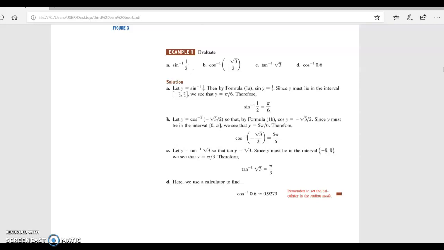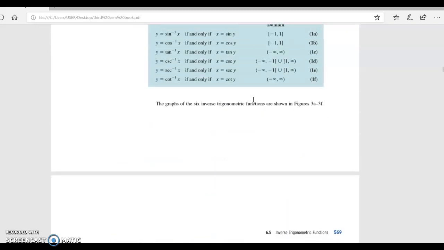Evaluate sine inverse of 1 by 2, cos inverse of minus root 3 by 2, tan inverse of root 3, and cos inverse of 0.6. Look at the first question, sine inverse 1 by 2. Let y equal to sine inverse 1 by 2. We know from the formula that y equal to sine inverse x if and only if x equal to sine y.